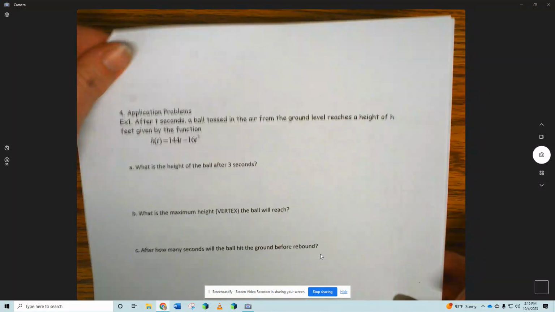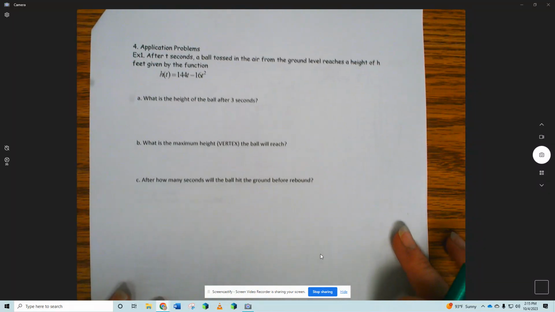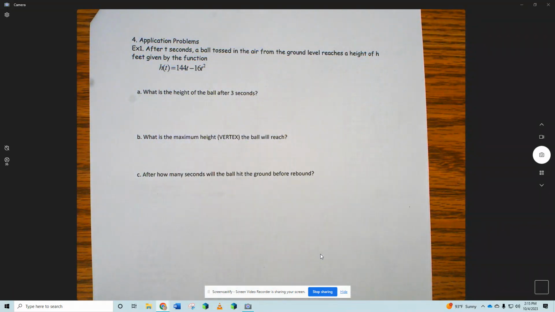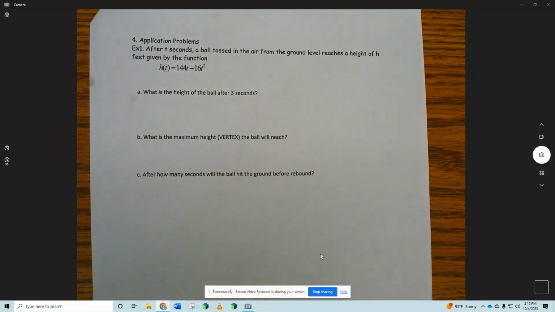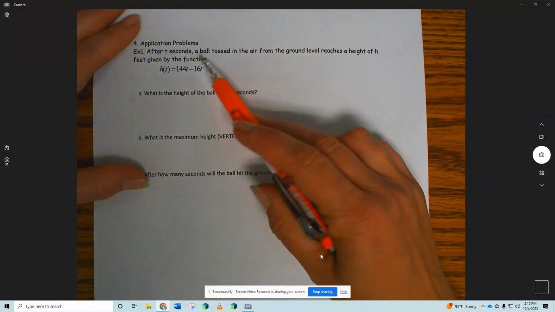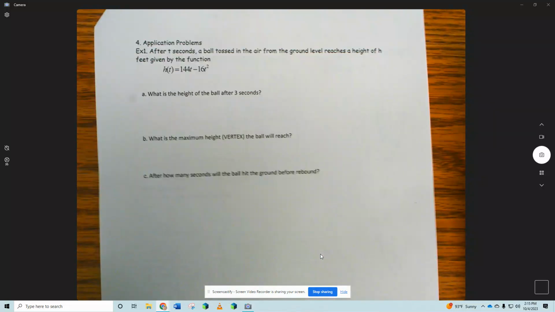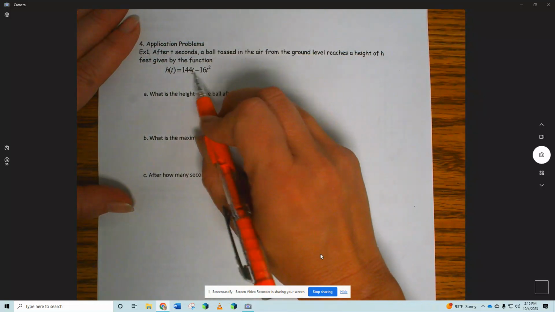I need to do this last problem. Can we jump to here? It's number 4. After t seconds, a ball is tossed in the air. Well, this is exactly what we did before, except this is written backwards.